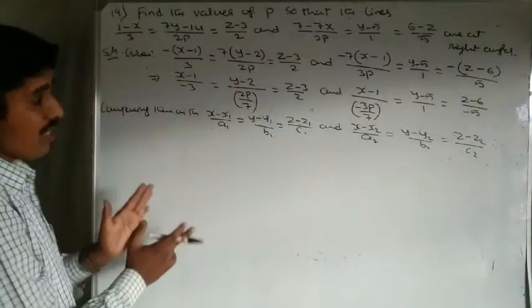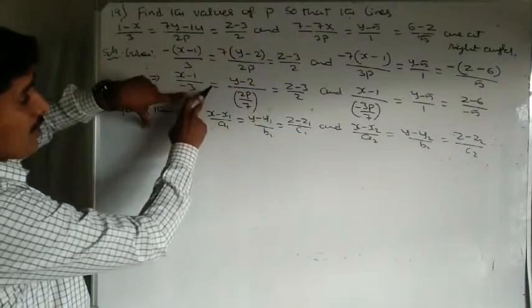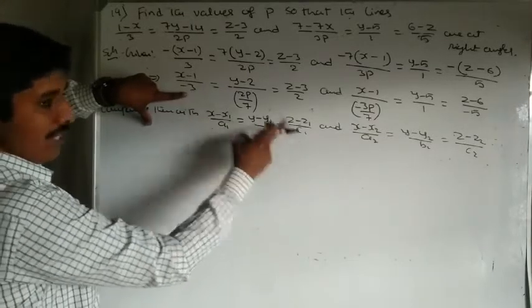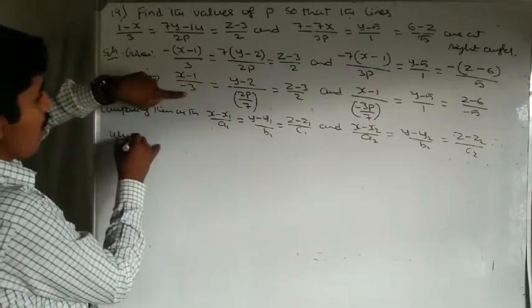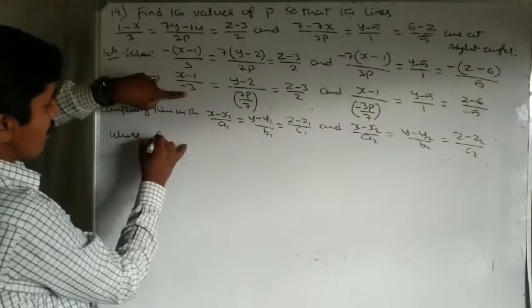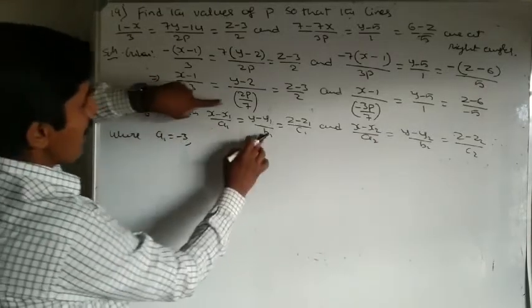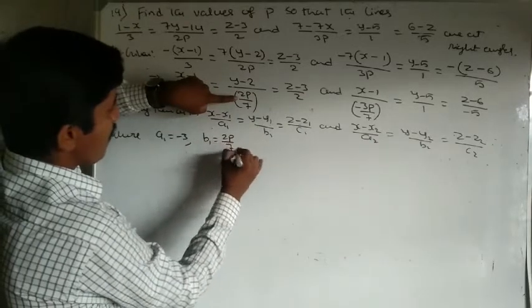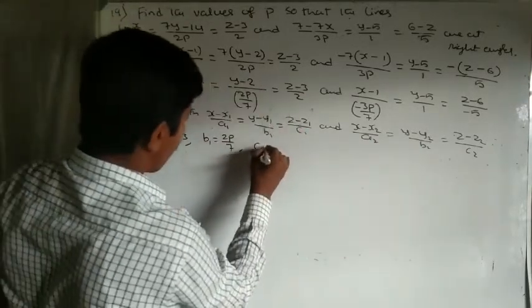Therefore, here the direction ratios, this one in standard form, are the denominators. a1, b1, c1 are the direction ratios, where a1 equals minus 3, b1 equals 2p by 7, c1 equals 2.